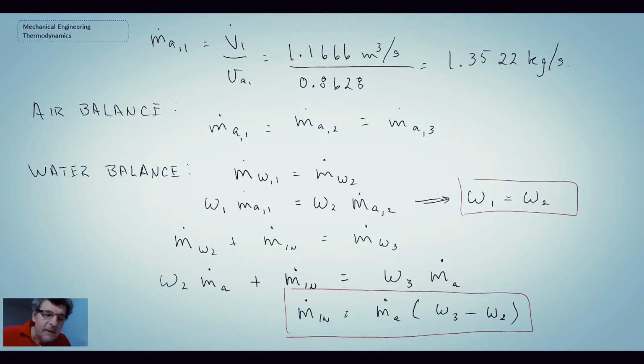Okay, so looking at this equation, what we know thus far is the mass flow rate of dry air, and that's it. We have specific humidities here, so if we can determine what the specific humidities are, we can start solving some of these things. So let's take a look at specific humidity.